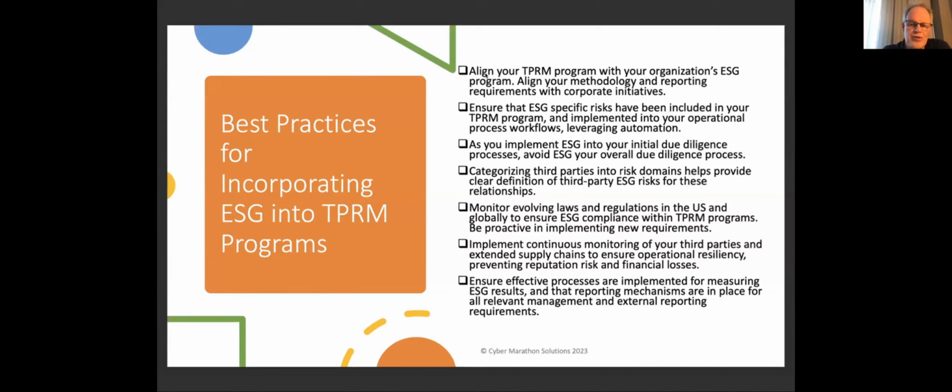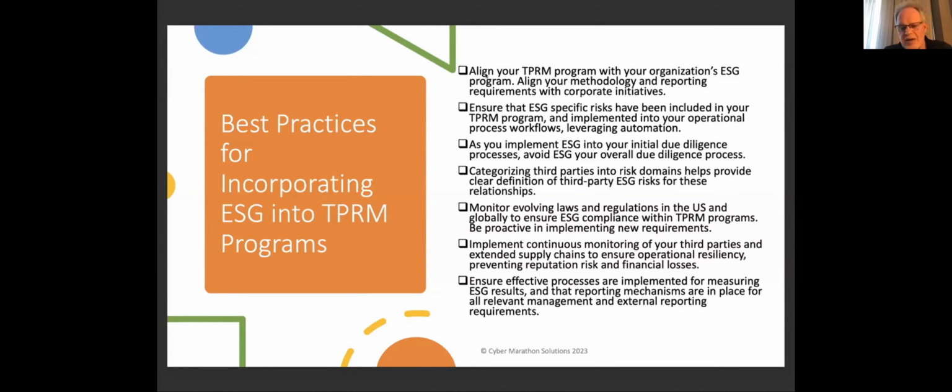Make sure that you include ESG specific risks that are relevant to your company. If you're in the manufacturing business, you're going to want to make sure that your company is not more subject to some of the environmental climate change impacts that we're seeing around the company.